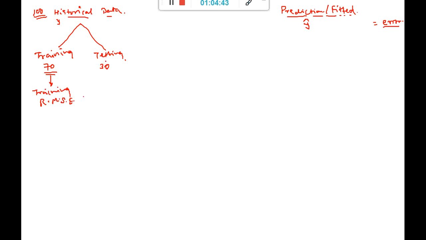And then these 30 observations, which are not exposed to this model which has been built on these 70 observations, I'm going to expose to that model. Because this model does not know this data, it is going to give some predictions, and those predictions are also going to give me the RMSE, because the difference between the original values in this testing data and the predictions is going to help me in calculating the RMSE.